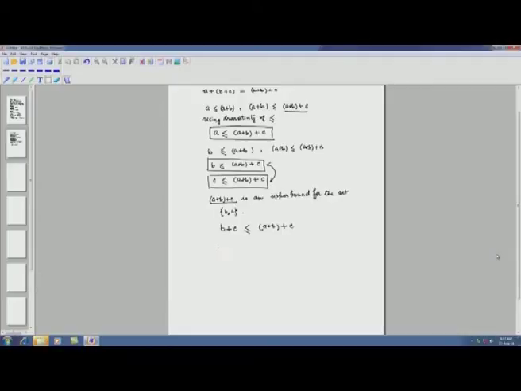The reason is that B + C is the least upper bound of the set containing B and C. Now, we put a bracket over here as well.